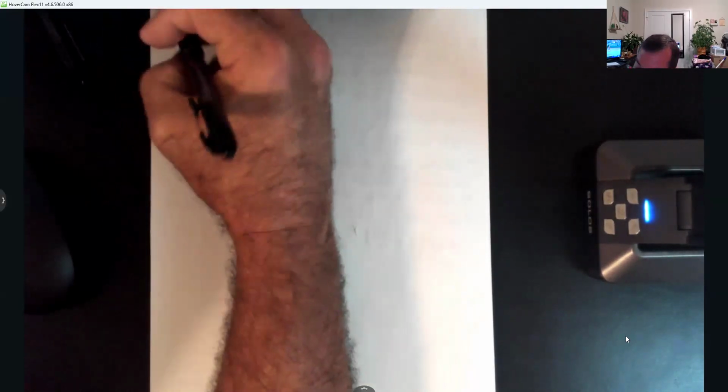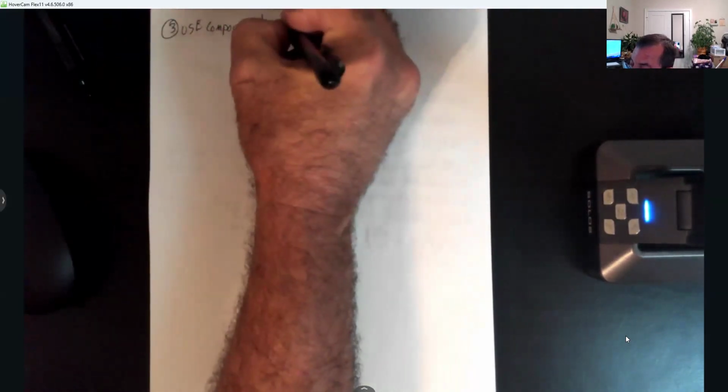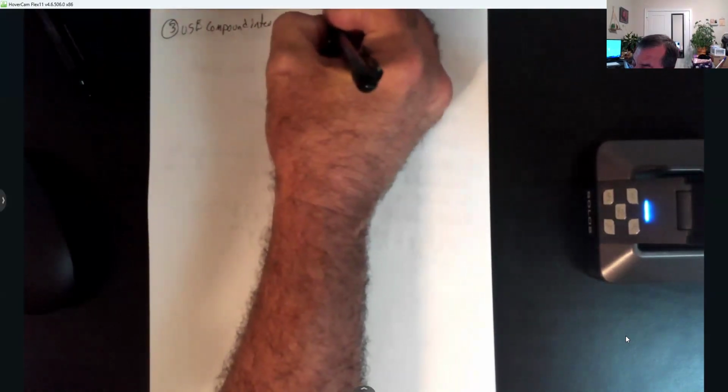So number 3 says the same thing. Use compound interest formula. And then it says for compounding more than once a year to determine the accumulated balance after the stated period.